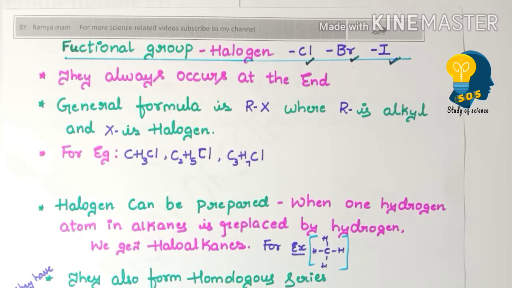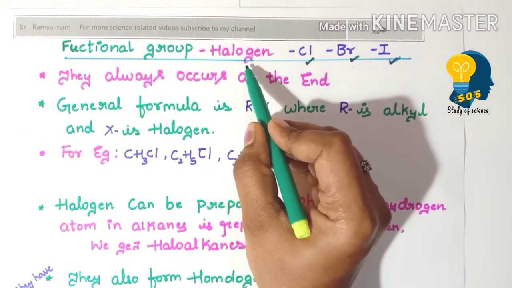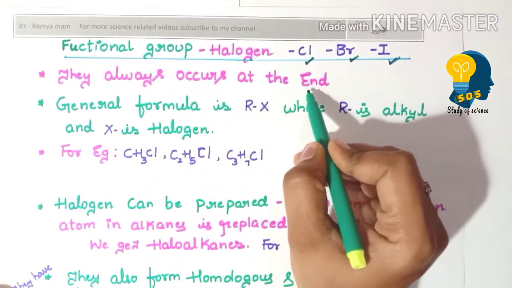As we have understood the properties of alcohol, aldehyde, carboxylic acid and ketone, now let us understand the properties of the functional group halogen. We have understood that a few functional groups occur at the end, whereas a few occur in between. Now when I talk about the halogen, they always occur at the end.